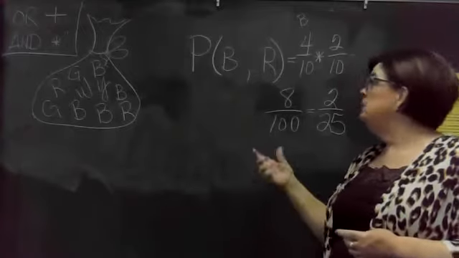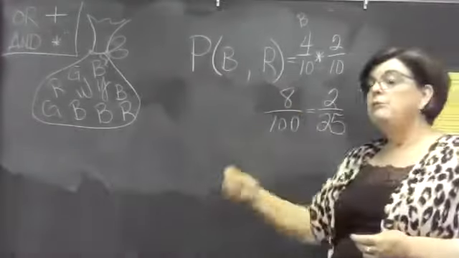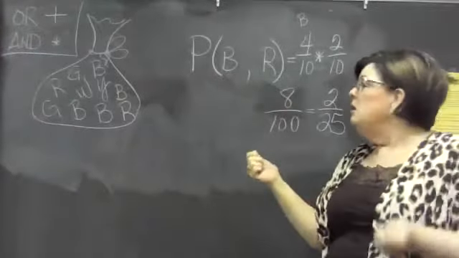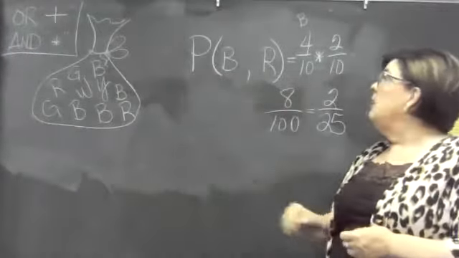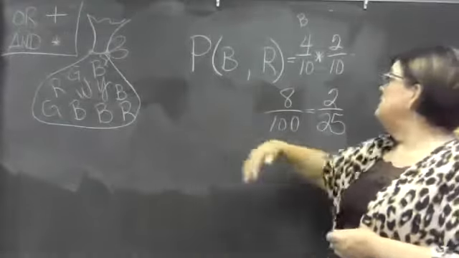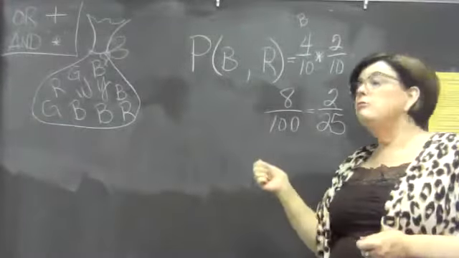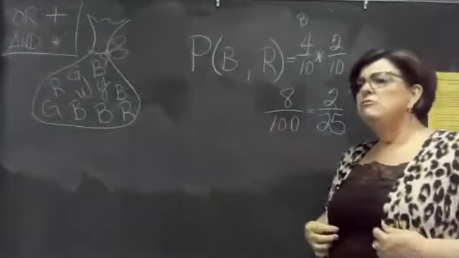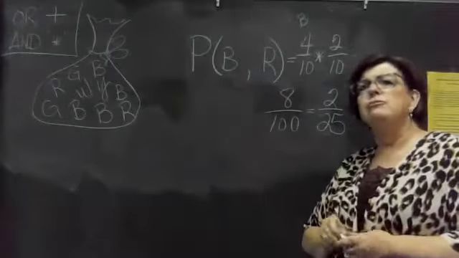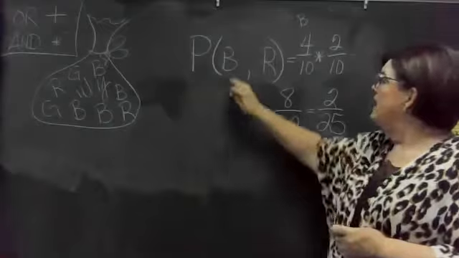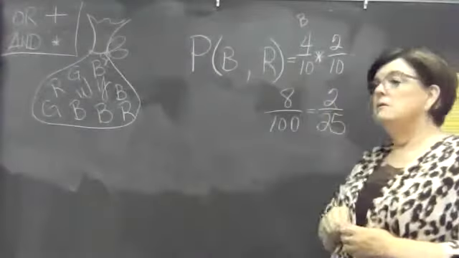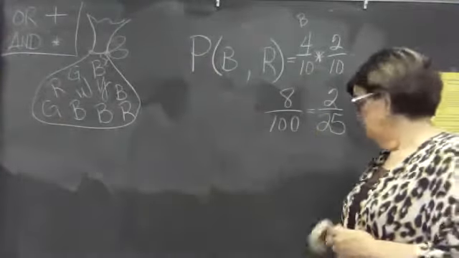We'll talk about that in a minute. But I pulled out a blue and said, yes, and I put it back in, and I replaced it back in the bag and drew again, and I actually got a red just like we needed to. And you know that that's harder to do, right? And that's why we multiplied here. Now, let's do this one.